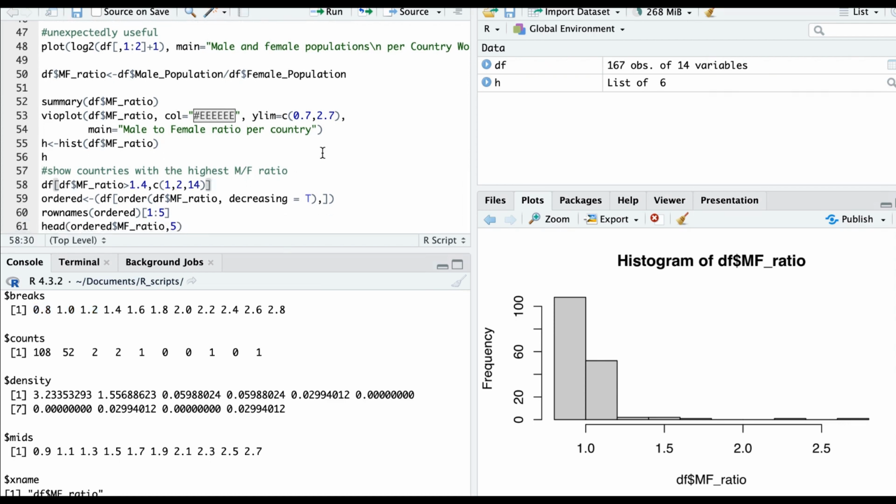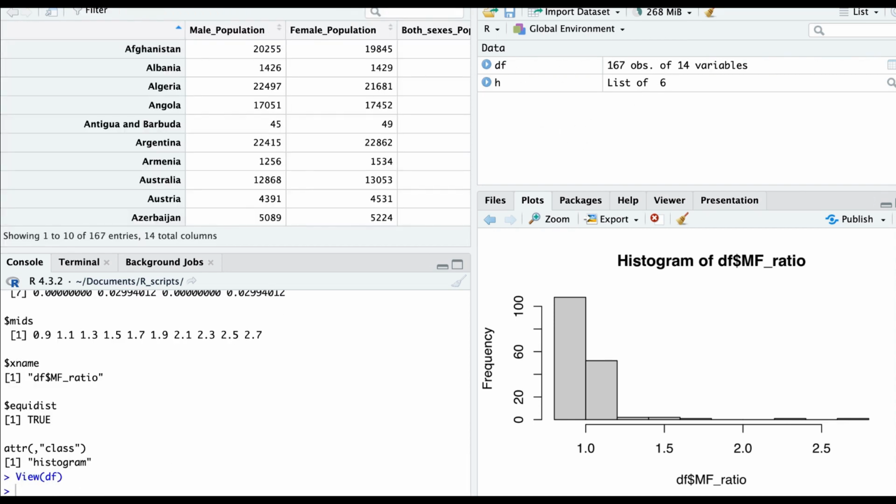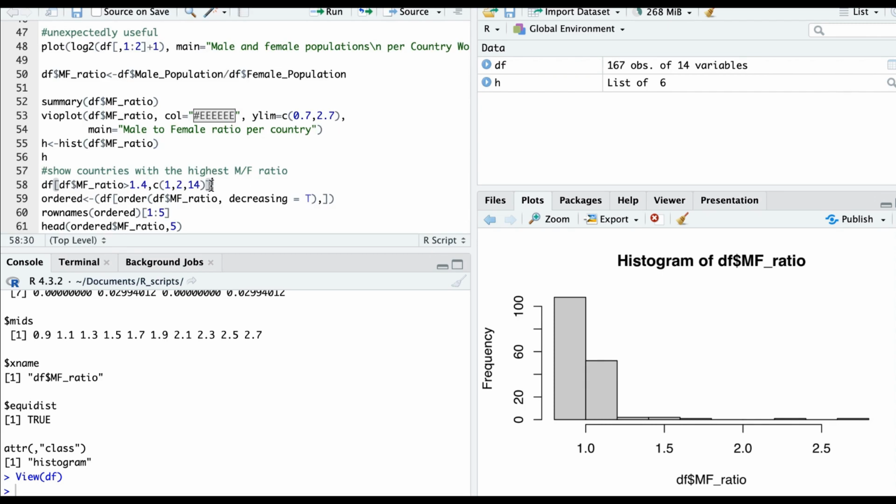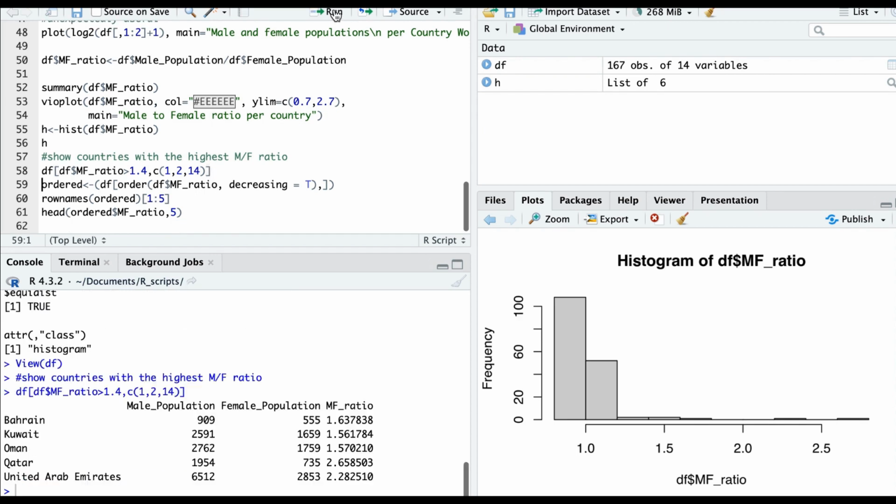Okay, let's reduce the data frame we have to those countries where the MF ratio, male to female, is higher than 1.4. And here we are. This is Qatar, United Arab Emirates.